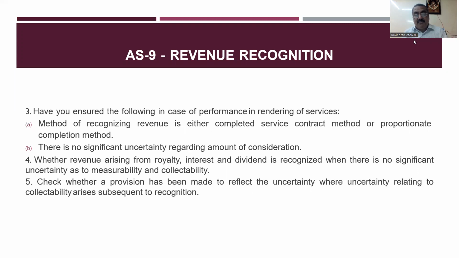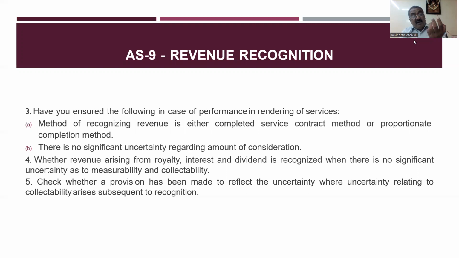And check whether a provision has been made to reflect uncertainty, where uncertainty relating to collectability arises subsequent to the recognition. So you have performed the job, you are not able to recover the money, so you have to give some provision. Suppose I have entered into one job work, and even beyond the job or contract, I have done some additional work.